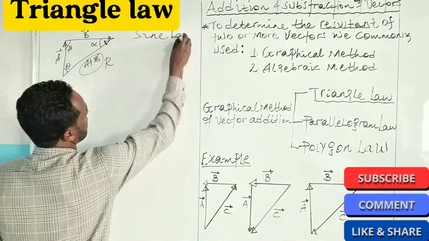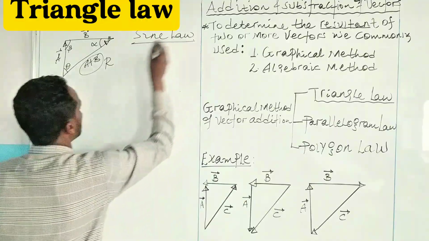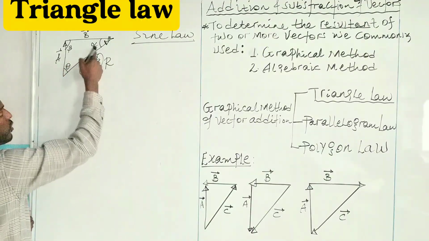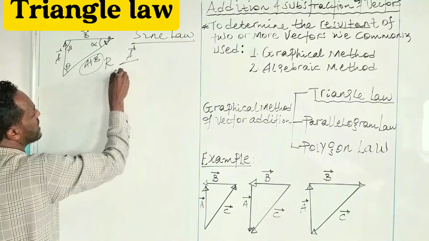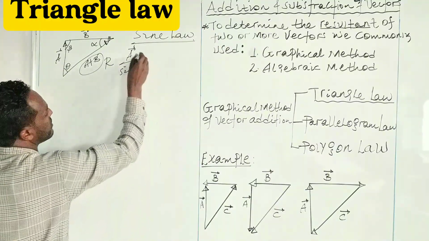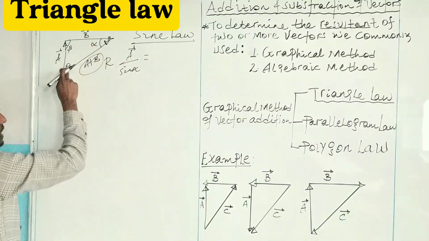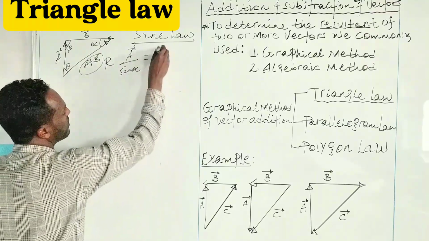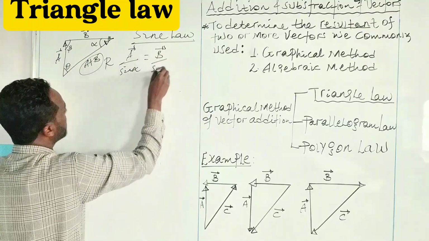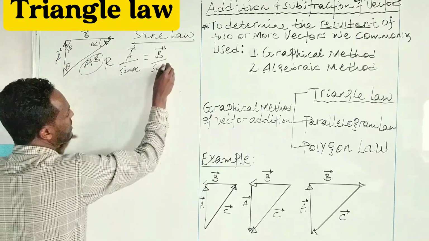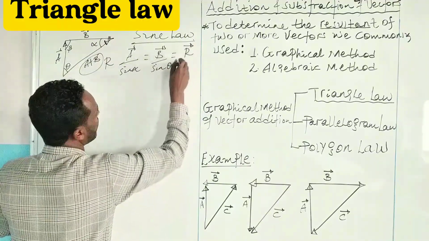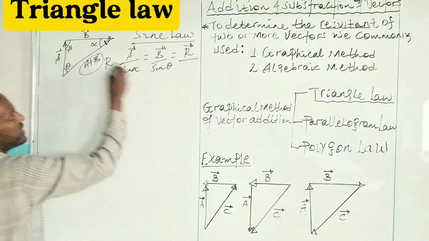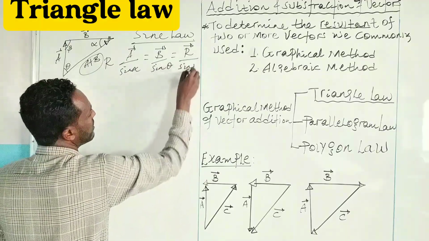Sine law: vector A over the sine of its opposite angle, A over sine alpha, is equal to vector B over sine theta, which is the same as the resultant vector R over sine beta.